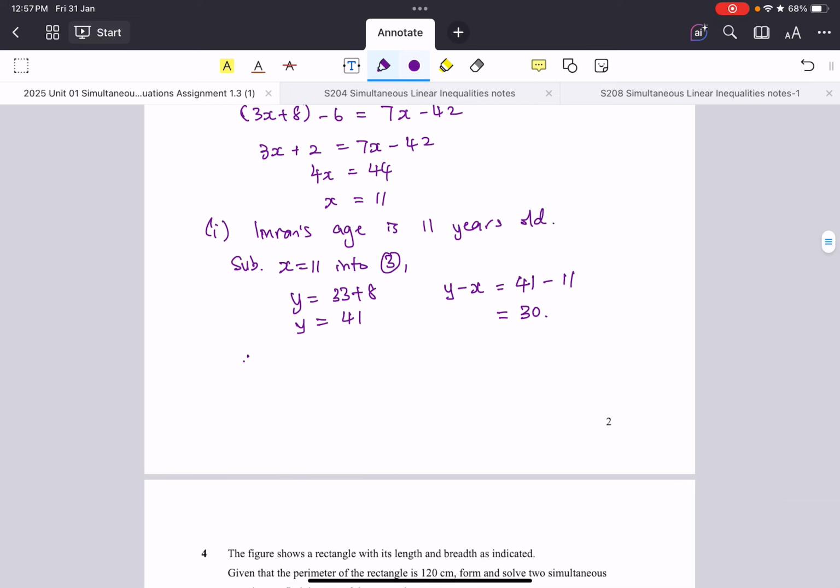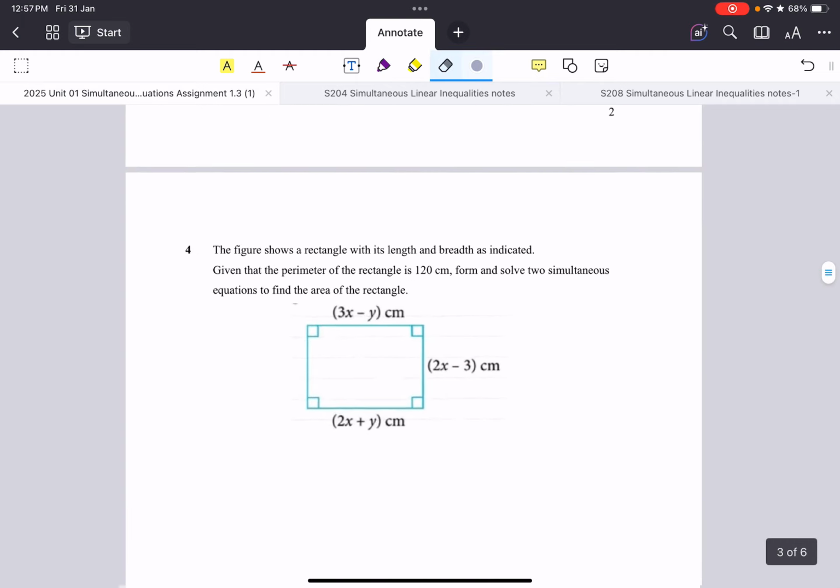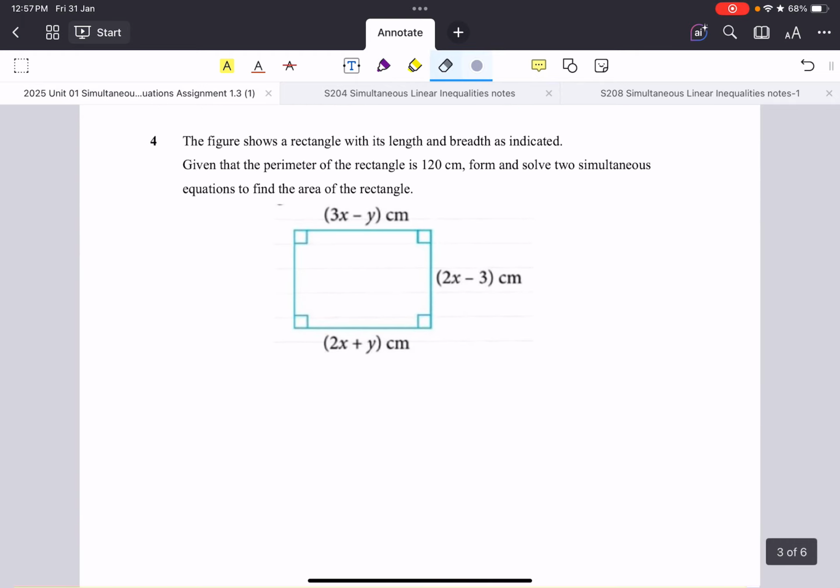So therefore, the age of Imran's mother when he was born is 30 years old. There we go.